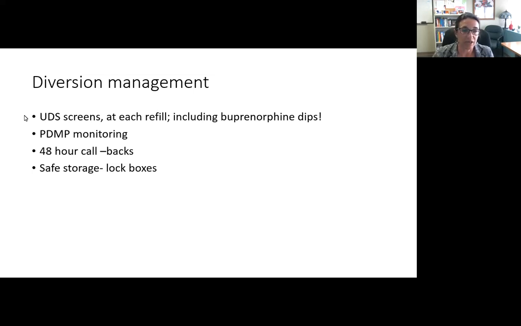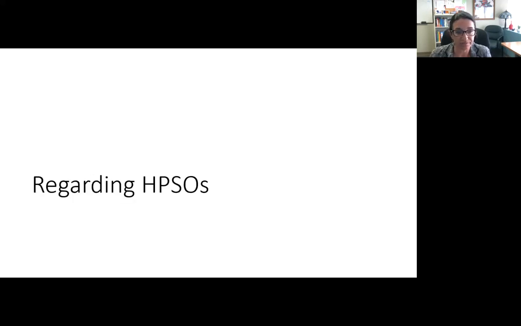Of course, we want to be checking our PDMP. You don't have to do 48-hour callbacks, but that is something that may be part of your treatment agreement, so that if you had a concern, you could ask someone to come in within a certain time frame to bring their medications to count. And then certainly we want to encourage safe storage.